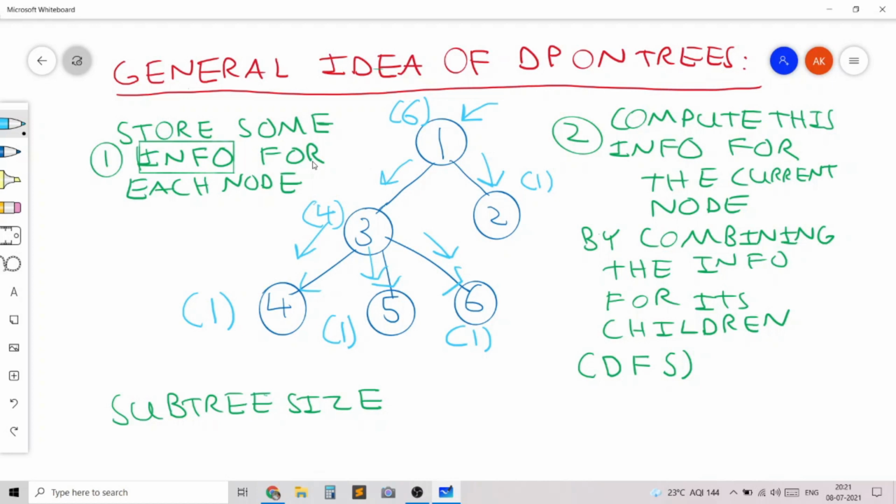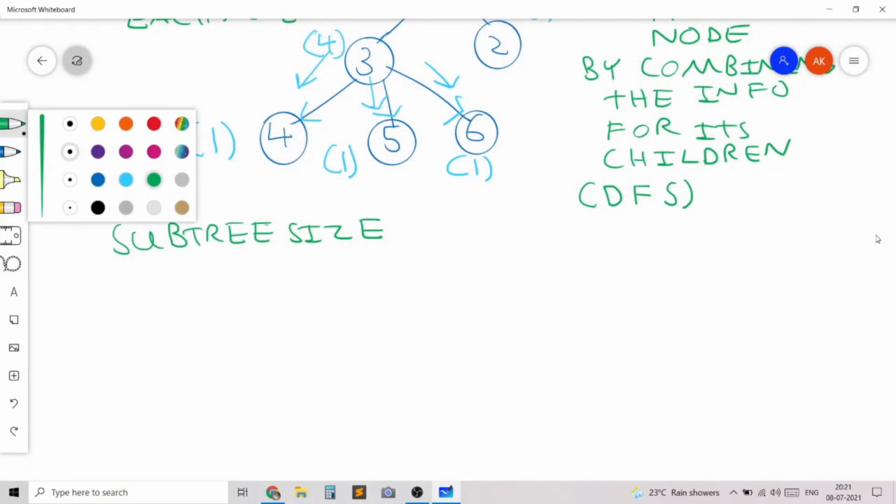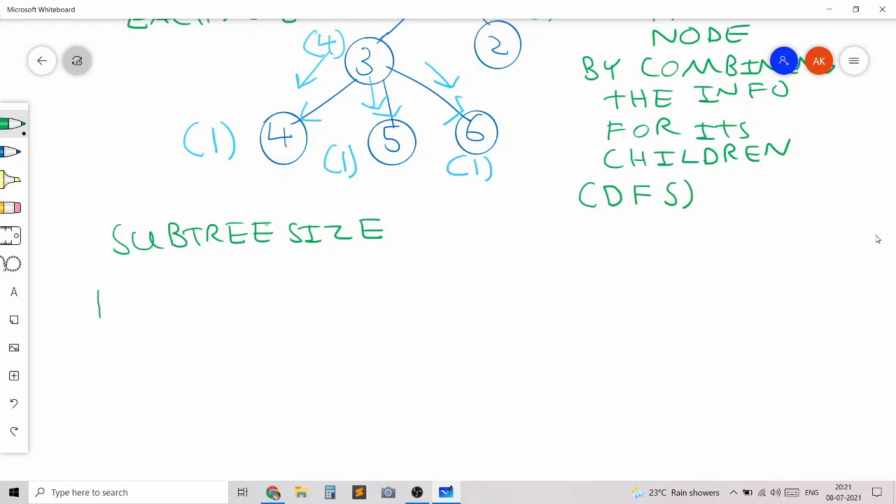So we combine the information for nodes 4, 5 and 6 to get that the subtree size of 3 is 4. So now, writing this down in DP terminology, part 1 is the base case for the DP value. The base case is simple to see.